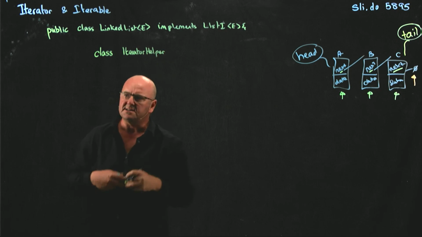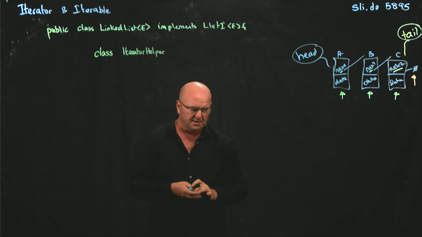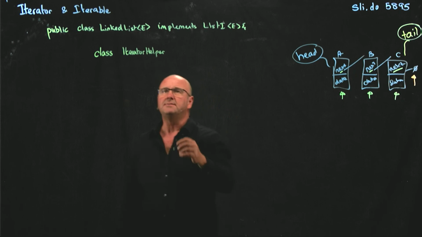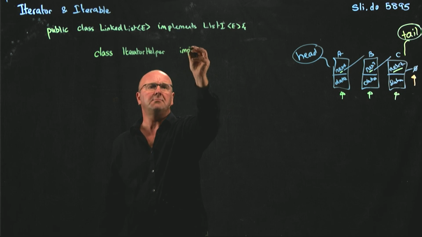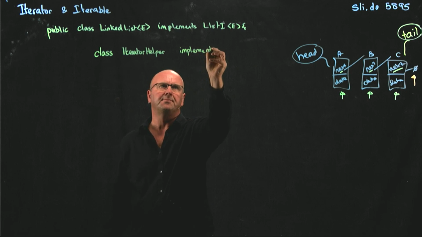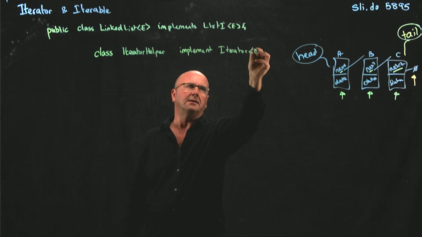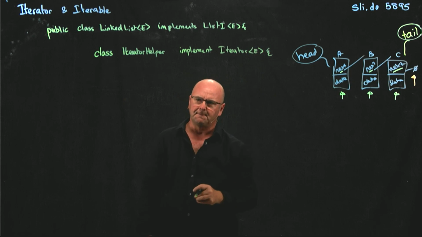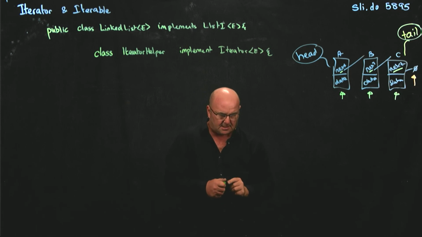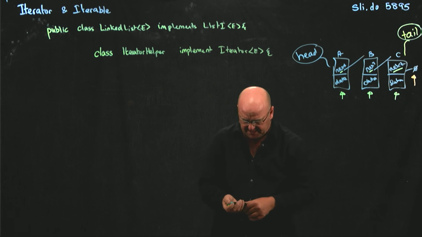And this is the class that our iterator method is returning an instance of. And it's going to implement Iterator<E>. Okay? And this is where things are going to get a bit gnarly.